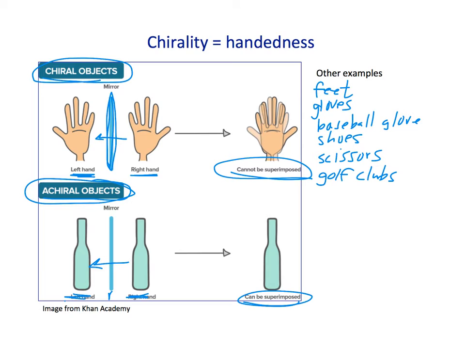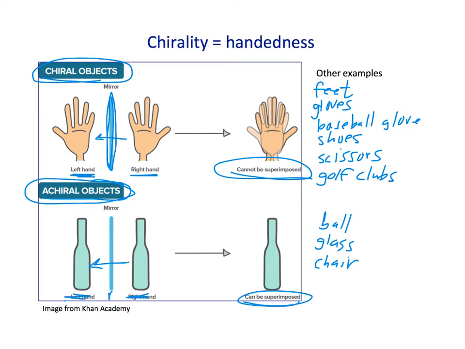So what are some other things that would be achiral objects? Well, we could have something like just a ball or a sphere would be achiral. Right? A water glass. We reflect that into a mirror. The glass would be the same as its mirror image.